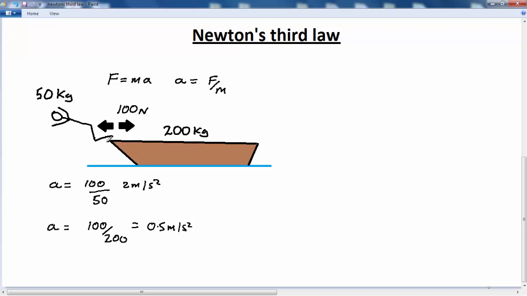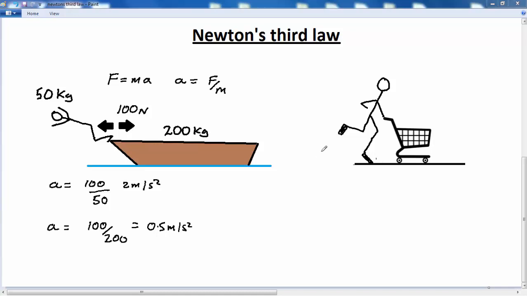So as a result of this, the person jumping off will move faster than the boat, which will move away more slowly. So Newton's third law applies here. We've got an equal but opposite reaction. The force is the same, but they're both acting on objects of different mass.